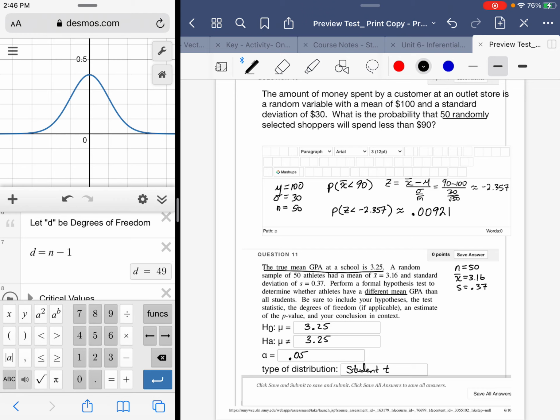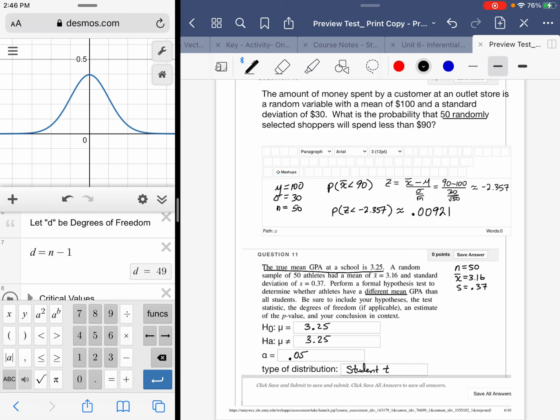Degrees of freedom. They didn't ask us for degrees of freedom in this, but in the directions it said be sure to include. It was a practice assessment, so in this case we could assume that means to be prepared to include.